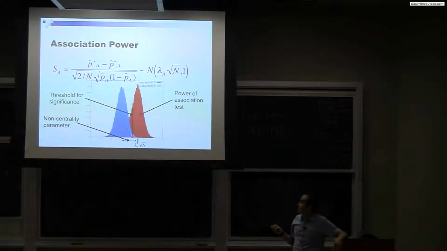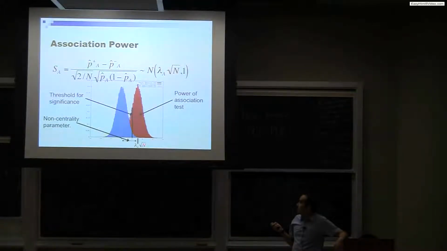So now I'm saying that, hey, there is an association. So your data is not actually coming from the blue curve, it's coming from the red curve, because these two are not equal. So now if I tell you that, what's the probability of you being significant? It's going to be the area of this red curve beyond here. It's going to be this area.